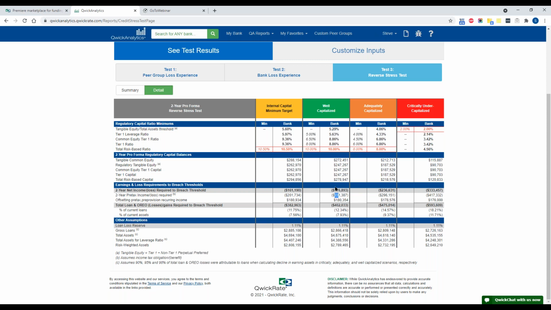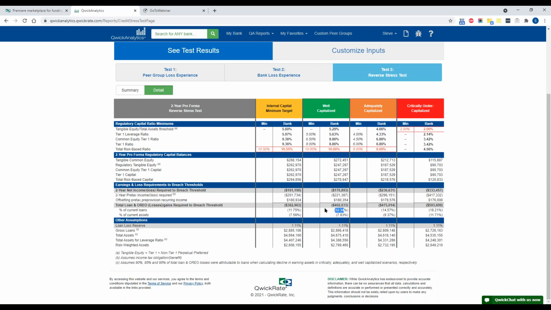And of course, even in this hypothetical scenario where we're losing all this money, we still have revenue streams coming in, right? There's still some net interest income. There's still fee income coming in. So we have to take into account all those offsetting revenue streams. And once we do all that, we end up finding out that we would need to sustain net charge-offs and OREO losses of $400 million, which for this bank would be 12% of the portfolio.